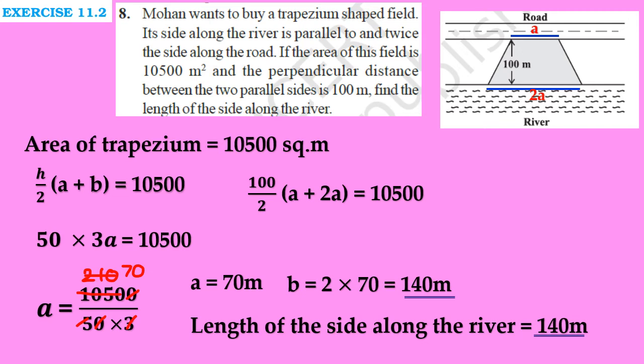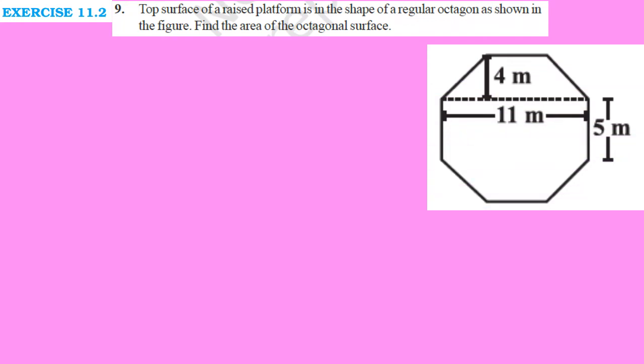So next question, question 9. The top surface of a raised platform is in the shape of a regular octagon as shown in the figure. Find the area of the octagonal surface. To find the area of a polygon, there is no direct formula. What we can do is split it into different triangles, rectangles, squares, trapeziums, find the area of each one and join.